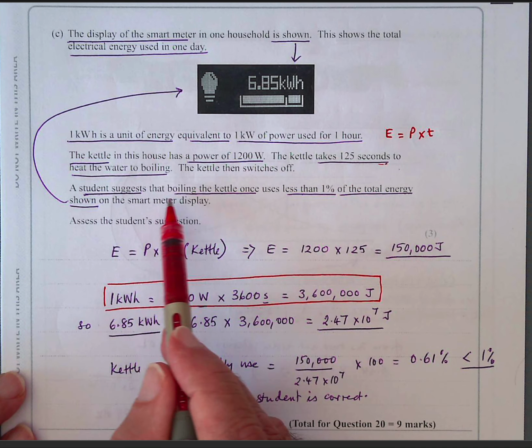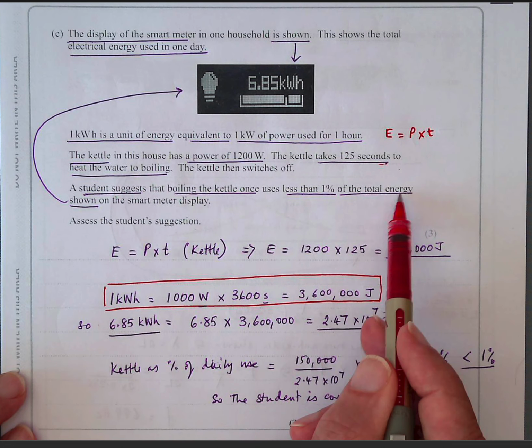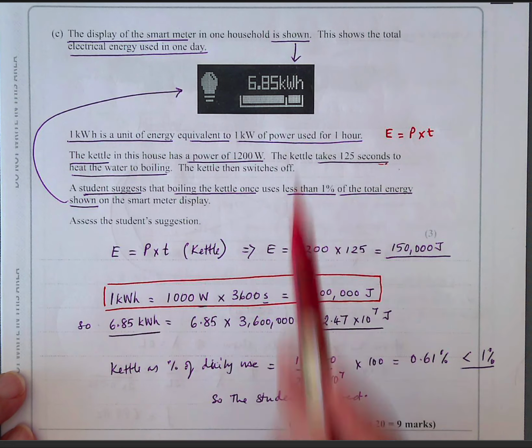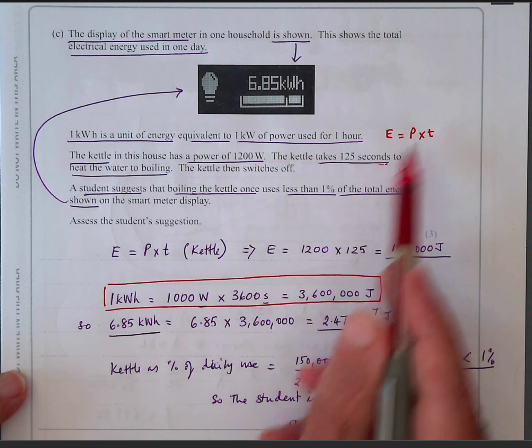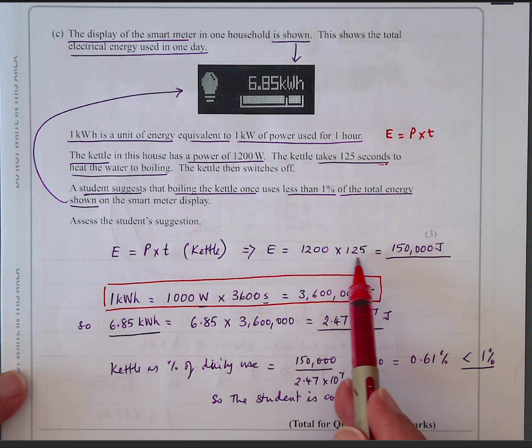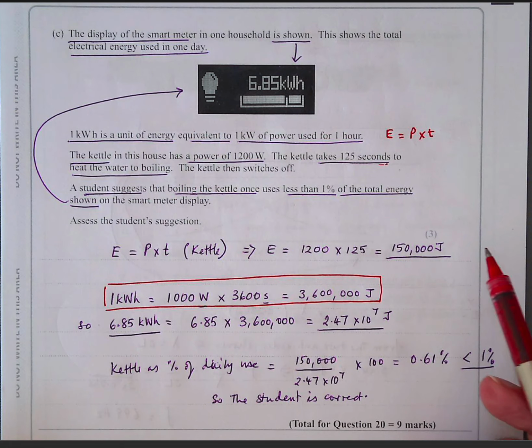A student suggests that boiling the kettle once uses less than 1% of the total energy shown on this display. So you've got to work it out. So here's how much the kettle will use. Power times time again is 1,200 times 120, so it's 150,000 joules to boil a kettle of water.